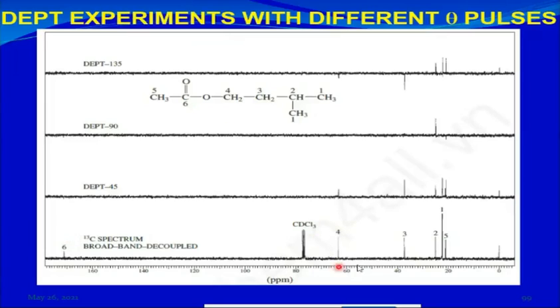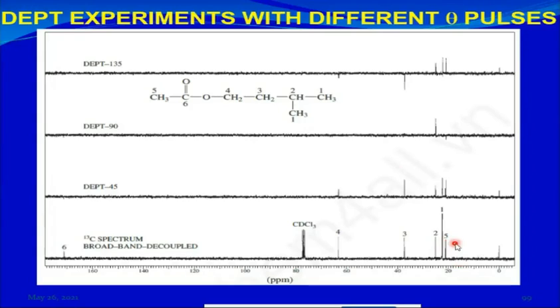And then we have this carbon here, carbon number 4, that is a CH2. Then we have this carbon here, CH2. Then we have this carbon number 2, a CH. The two CH3 groups, you can see the intensity is slightly higher because these are 2 carbon atoms, the rest are 1. And then we have carbon number 5, the CH3 here, right?